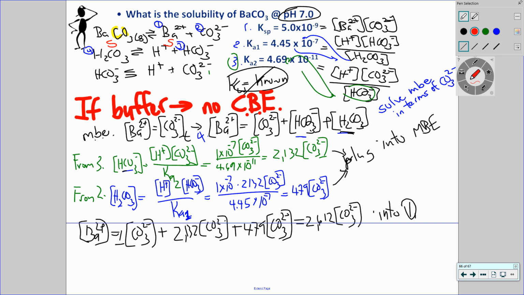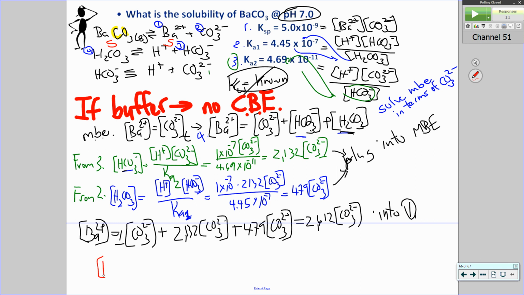You wouldn't want to solve it in terms of carbonate, because carbonate fluctuates with this one. So now plugging this back into 1, the barium concentration, which equals the solubility, is equal to the KSP divided by the concentration of the carbonate.